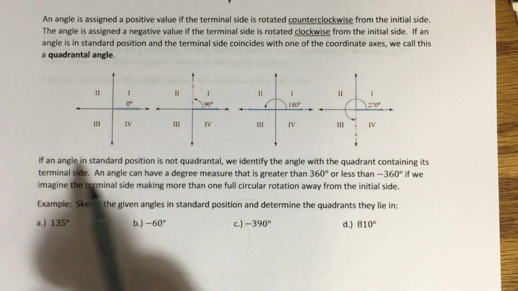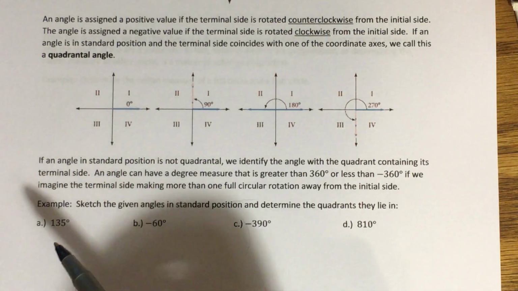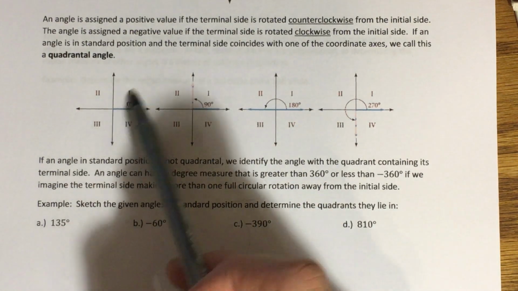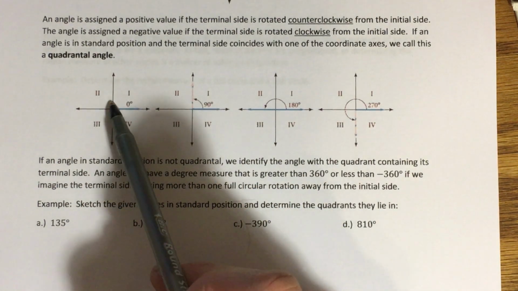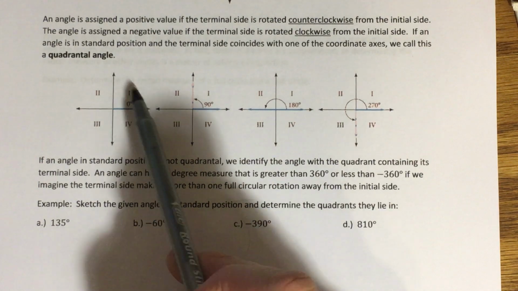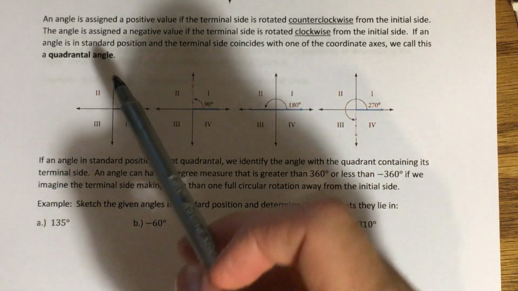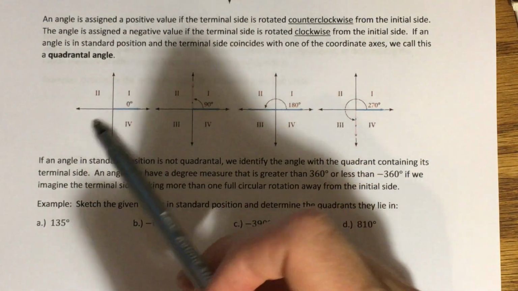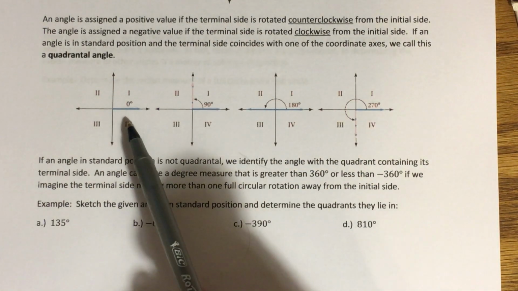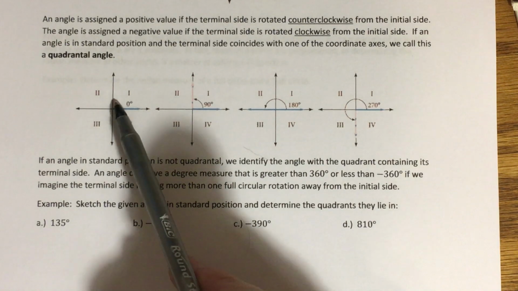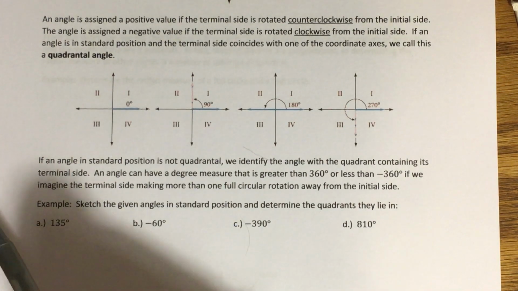Now when angles are not quadrantal angles, then the terminal side will be in one of the quadrants. You can think of the axes as like the border line between quadrants. So if an angle is not quadrantal, then its terminal side is going to point into one of those. And in those cases, we identify the angle with the location of its terminal side.